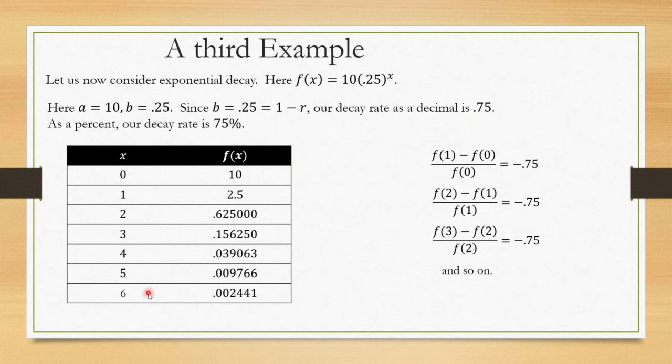Here I just put some function values in to confirm that. And then we did these calculations. This is the percent change in the function values. When x is 0, the initial value, we get 10. When x is 1, we get 2.5.